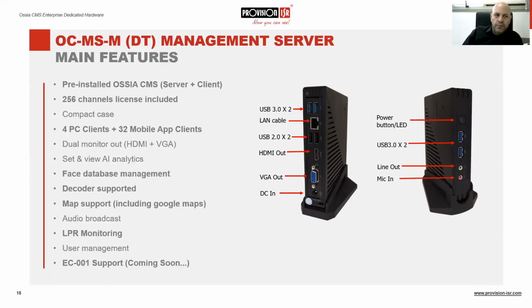There's no comparison, Pedro, when we talked about this project. There's no real reason to buy a PC outside and install the licenses on it rather than buy dedicated, closed hardware from Provision-ISR for much less. And we will talk about it more, especially in the next model.